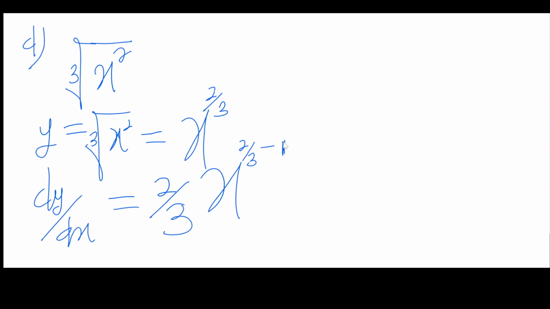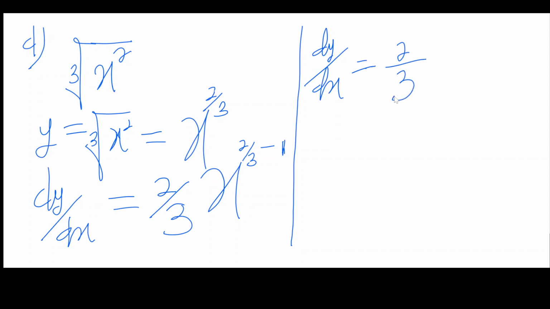So in this case, we have dy/dx equals 2 divided by 3 x to the power of 2 over 3 minus 1, which is negative 1 over 3. And that's the final answer.